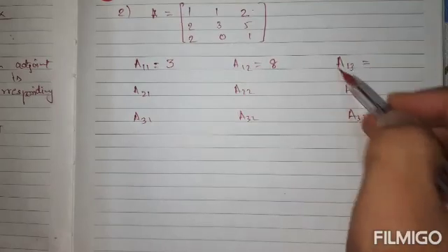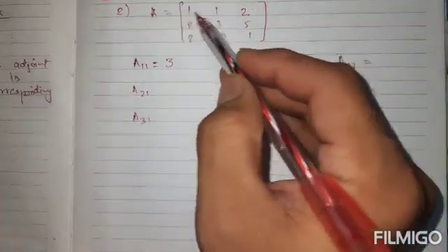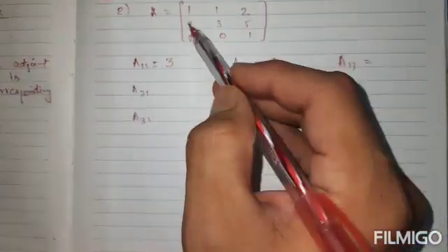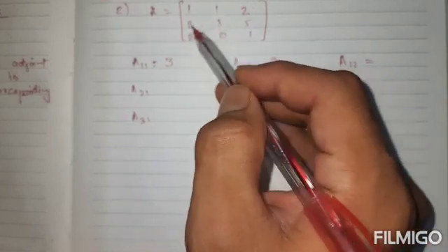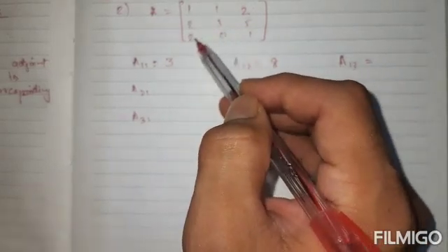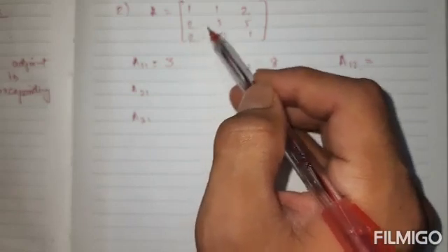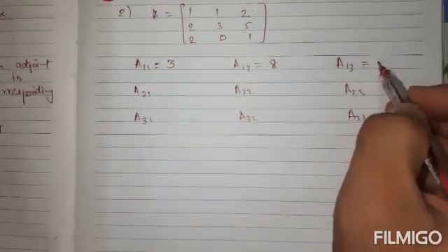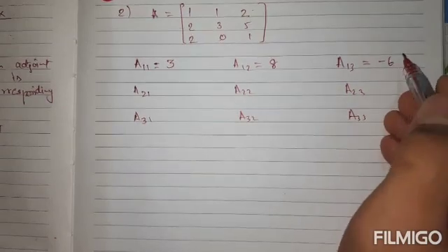Then A13 is again an even position. Ignoring the first row and third column, we get 2 into 0 is 0, and 0 minus 6, this is -6. We need not change the sign since this is an even position.